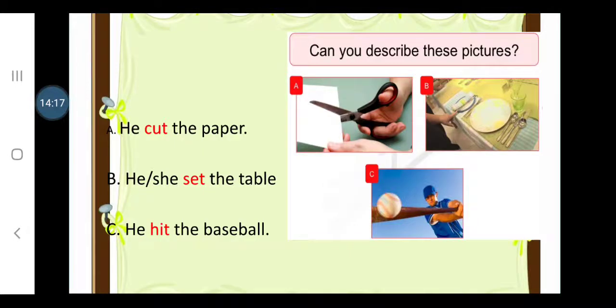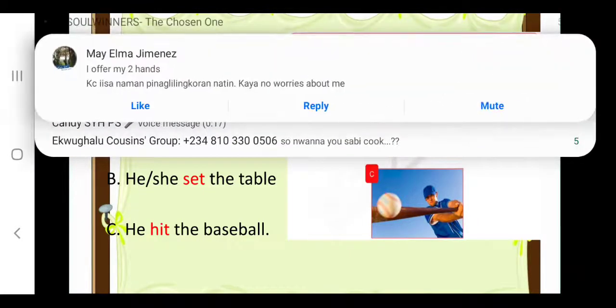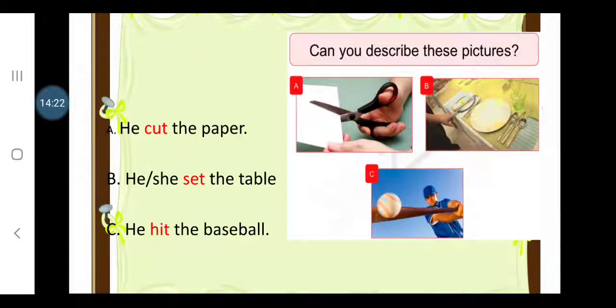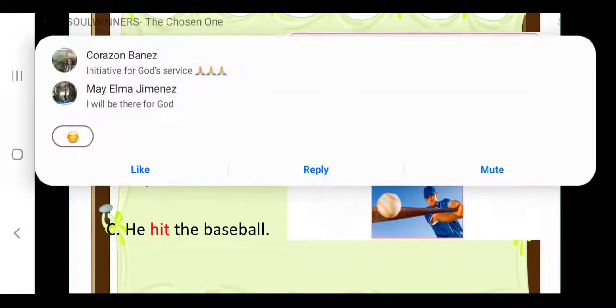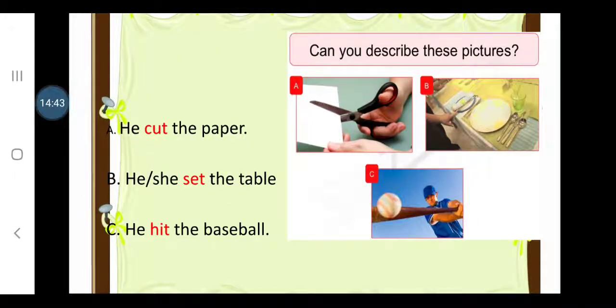Now, B, he or she set the table. He set the table, or she set the table. We can't say she set it, okay? Now, C, he hit the ball. Again, we can't say he hit it, but that's how it is.